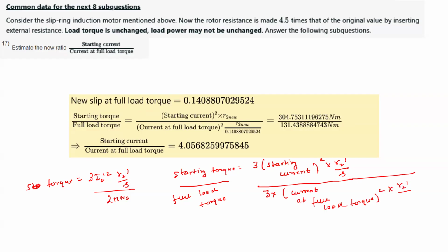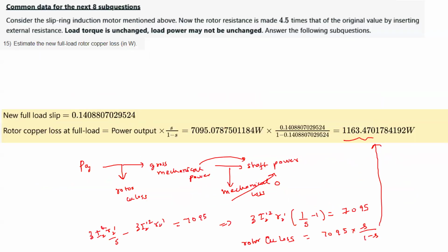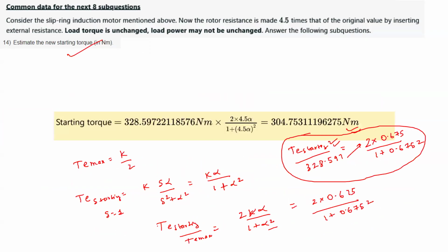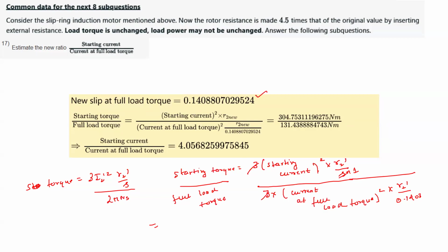The slip at full load, we have seen, was 14%, so 0.1408. This is 1. So the 3 gets cancelled out. Starting torque we have found right now as 304.75, divided by full load torque.